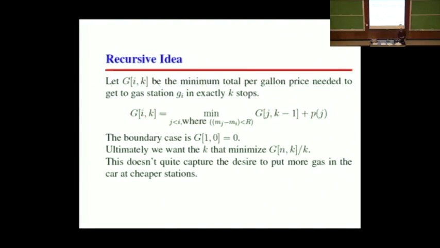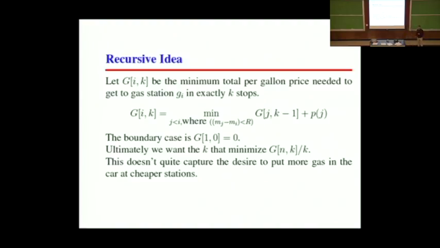I claim a recurrence like this starts to be more interesting. Okay, let's let G sub i,k be the minimum total gas per gallon price needed to get to the gas station i in exactly k stops. Now I've got two arguments to my recurrence. Does everybody see this?